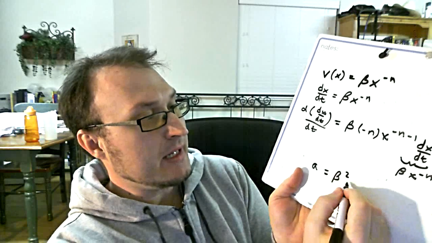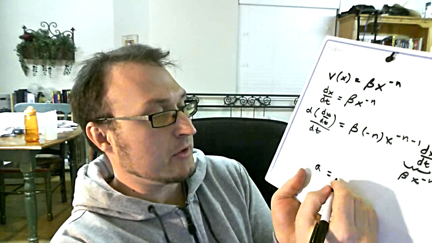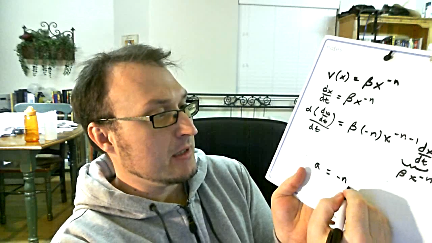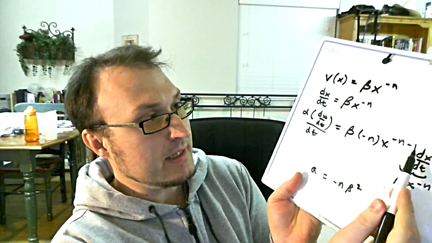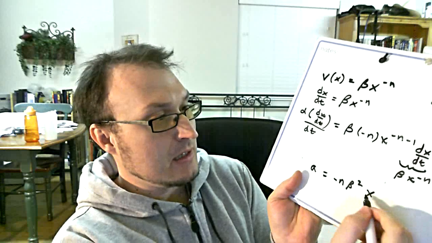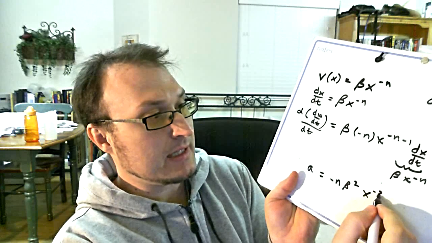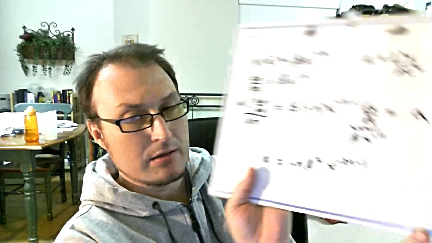I have a negative n. Let me write the negative n first, because I'm pretty sure that's how they would write it in the answer. Negative n, beta squared, and then I have x to the minus n minus 1 multiplied by x to the negative n. So we just add those exponents, and we get x to the negative 2n minus 1.